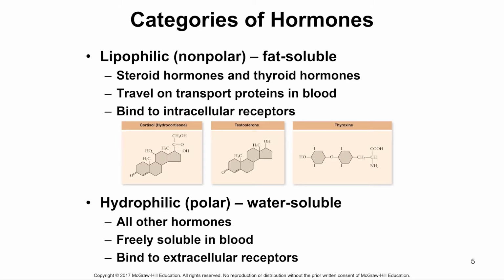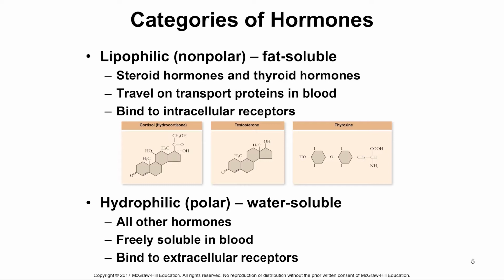And we can categorize hormones by whether they're nonpolar or polar. The nonpolar or lipophilic or fat-soluble hormones are the steroid hormones and hormones secreted by the thyroid. Now, since these hormones are not water-soluble, they're found in the blood bound to transport proteins. And these hormones actually move into the target cell and bind to intracellular receptors.